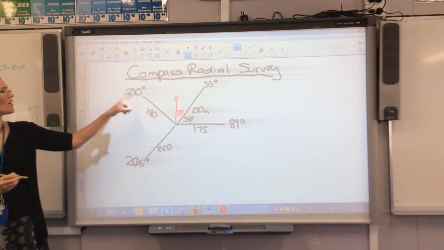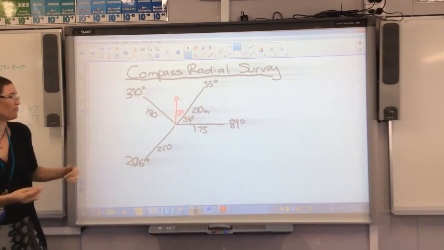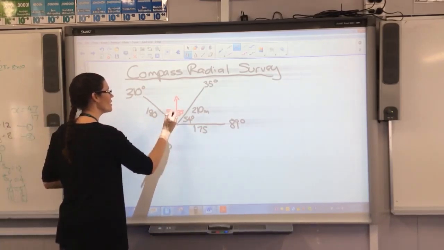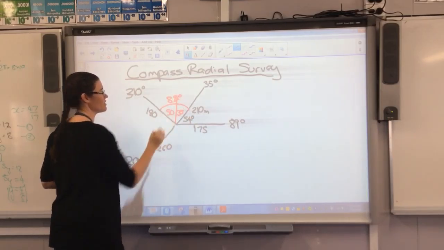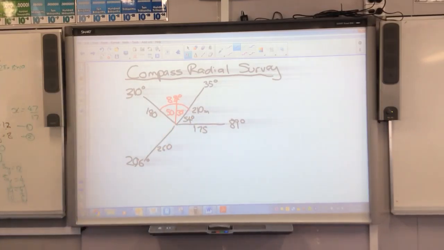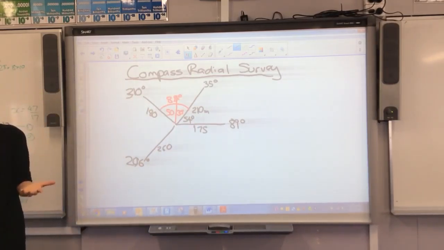On this side, I have 310 up to 360, which would just be 50. So together, that makes 85 degrees. Once I've calculated that, it's just the same as the plane table radial survey, and I can calculate the distances using the cos rule or areas using the half AB sine C.